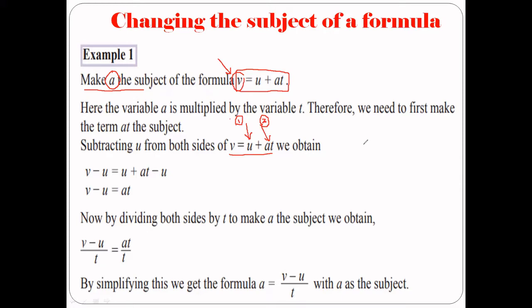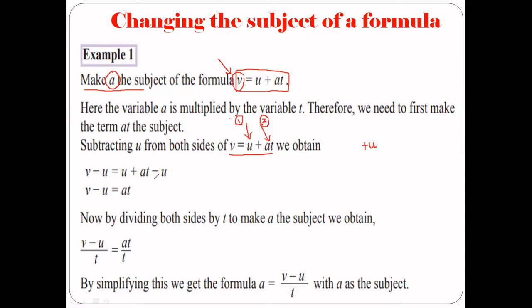Here U means plus U, because the plus sign is there. So how to remove plus U? Inverse operation. The inverse of adding U is subtracting U. Then you can remove the term U.